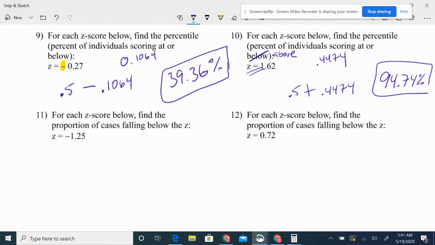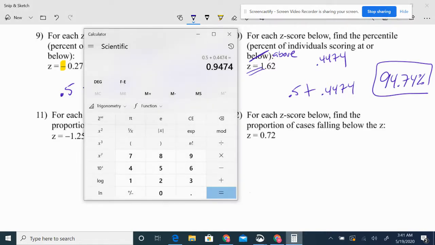I know 94.74 is below that value. How much is above is the remainder of 100%. So I'm just going to go 100% minus 94.74. So if I ask you how much is above, you should say 5.26%.